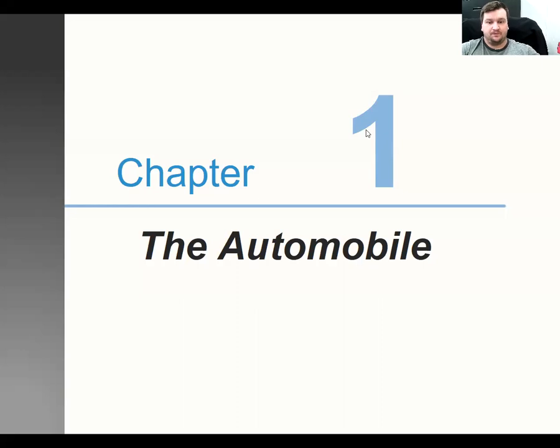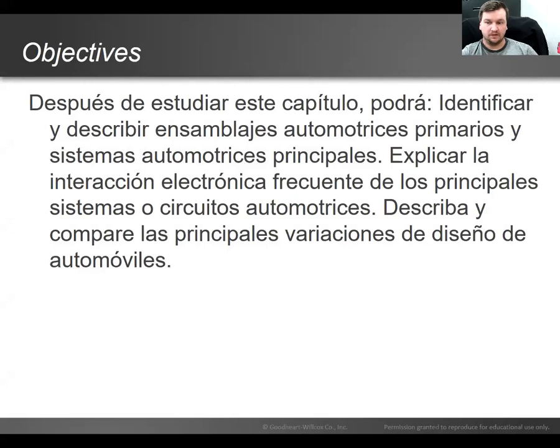All right, so chapter 1, the automobile. The objectives: after studying this chapter, you will be able to identify and describe primary automobile assemblies and major automotive systems, explain the electronic interactions of major automotive system circuits, and describe and compare major automobile designs.